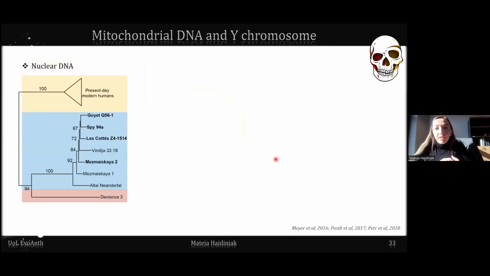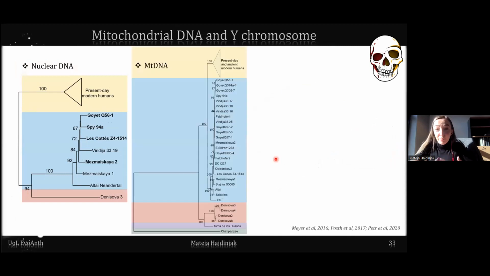And there was a bit of a discrepancy already when looking at the nuclear DNA versus the mitochondrial DNA of Neanderthals, modern humans, and Denisovans. In the nuclear DNA, Neanderthals and Denisovans are sister groups, and modern humans are outside of the variation of the archaics.